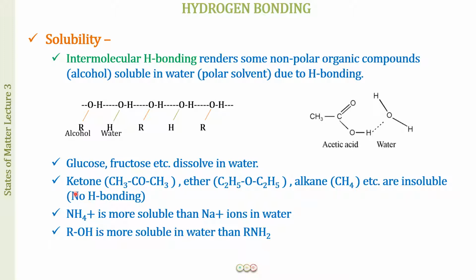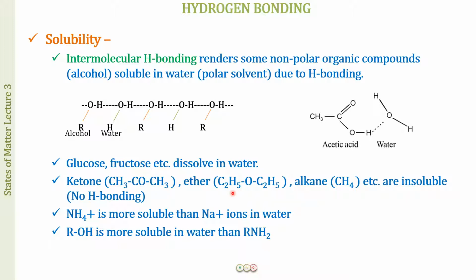Next we have the ketones, the ethers, the alkanes, which are insoluble in water because there is going to be no hydrogen bonding. Again, the structures of these you will be able to understand once you have done organic chemistry, but if we just have a look at these molecules, here we have hydrogens covalently bonded to carbon, and the hydrogens which are covalently bonded to carbon are not going to participate in hydrogen bonding, right?